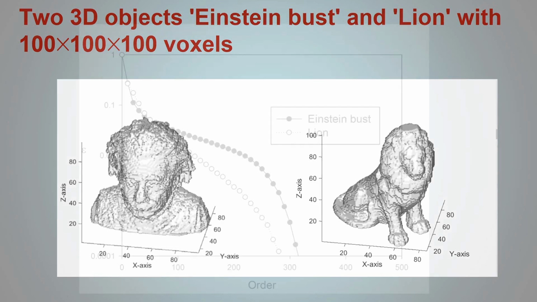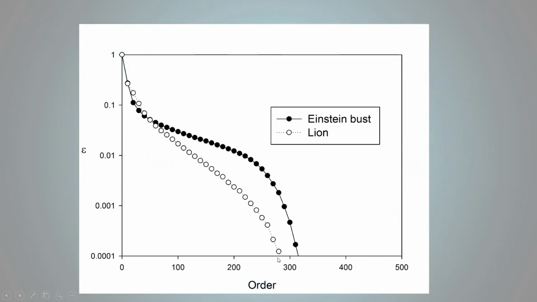So you see, near order 300, we get almost zero error rate.